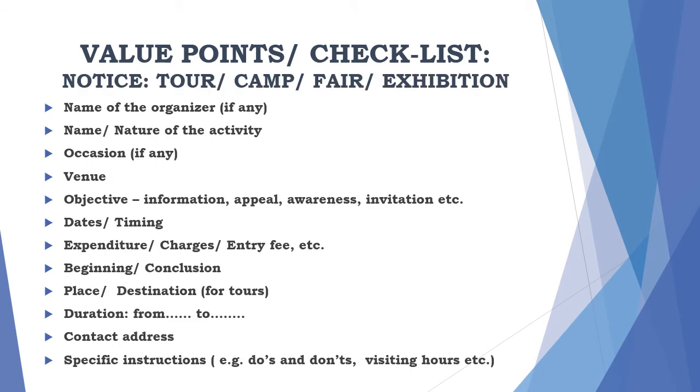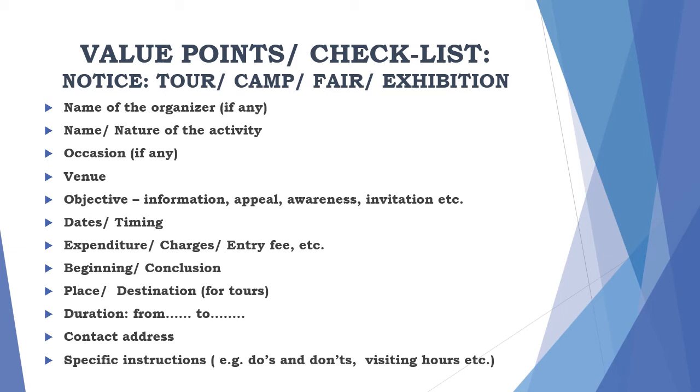Students, these are the following value points which you can use for writing notices for tour, camp, fair or exhibitions. Name of the organizer, name or nature of the activity, occasion if any, venue, objectives like information, appeal, awareness, invitation, etc. Dates and timing, expenditure, charges, entry fee, etc. Beginning or conclusion, place or destination for tours.